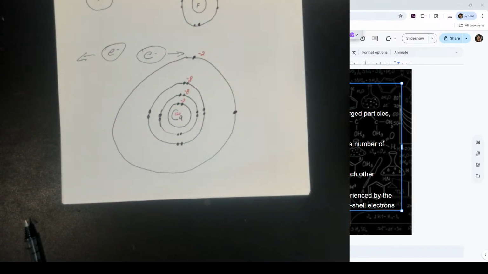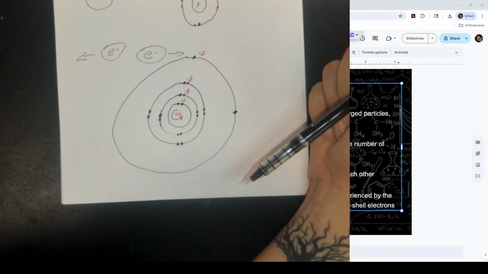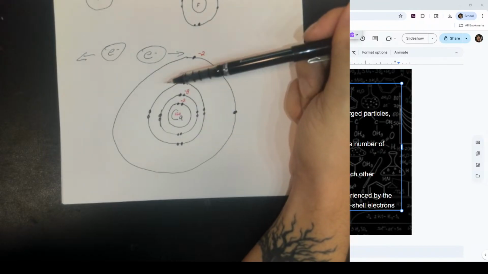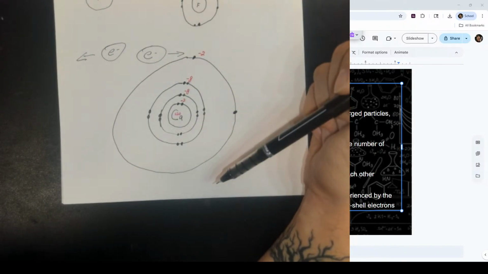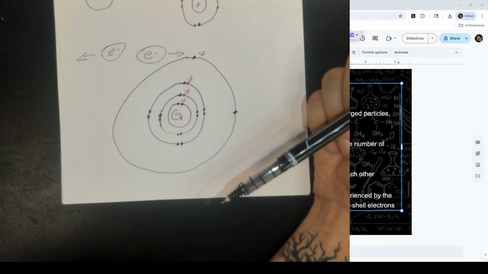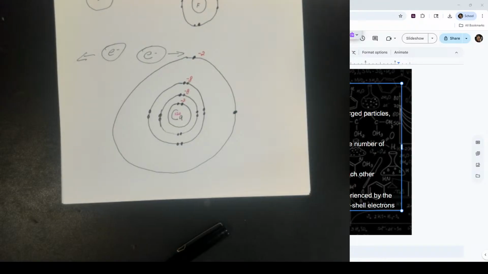But they're not really feeling a full +20 charge. They're feeling more of a +2 charge, which doesn't pull in these electrons quite as hard as a +3 or a +4 or a +5 effective charge would.